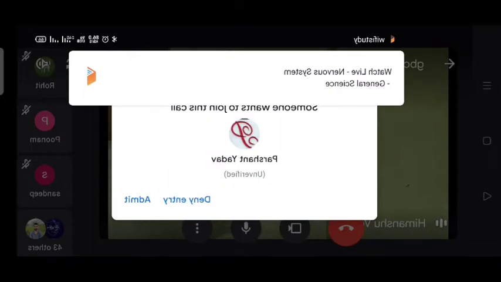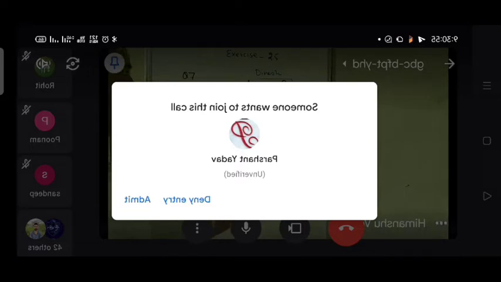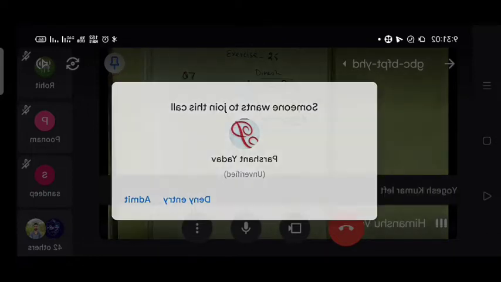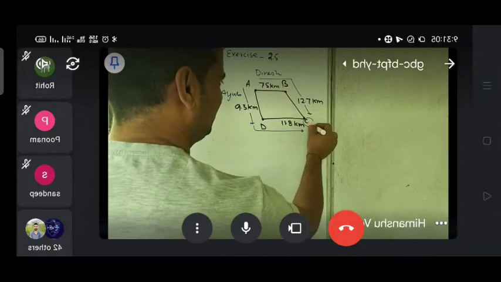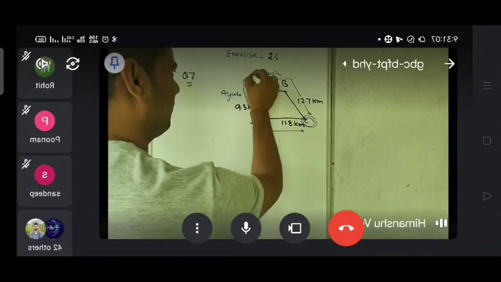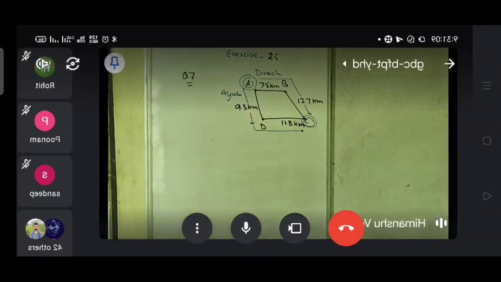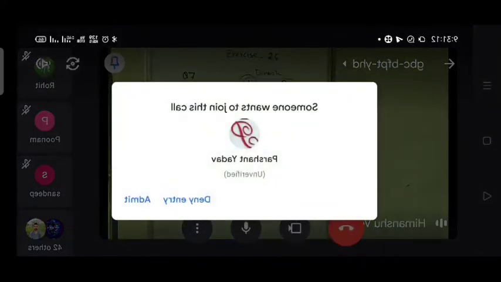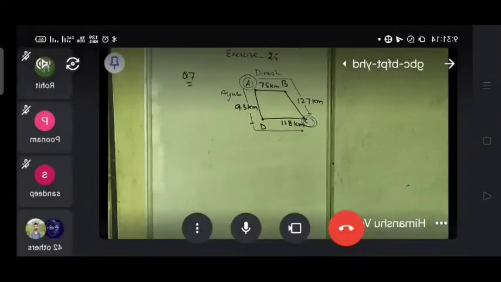Dinesh went via this way and Ayub went via this way. At last they reach C, starting from A. Okay, this is your question. Who travels more, and by how much?